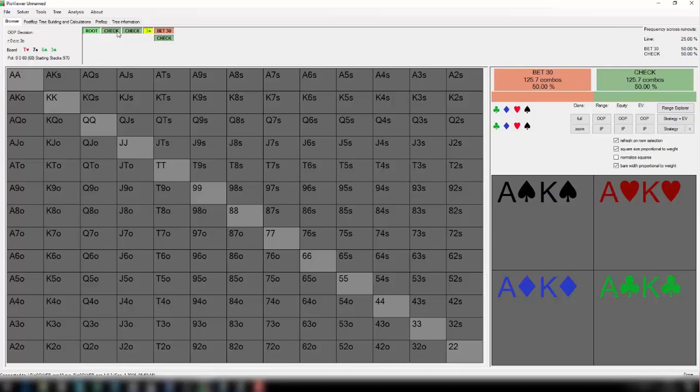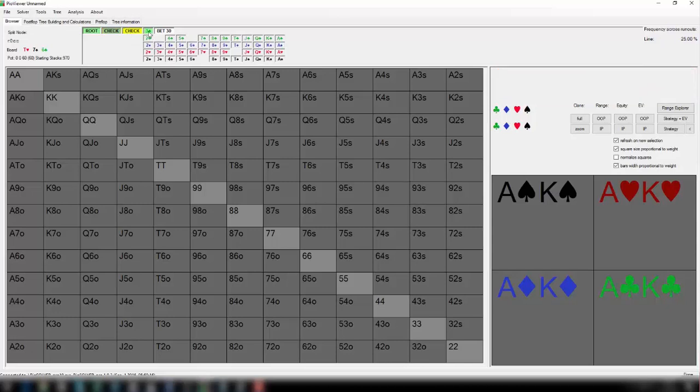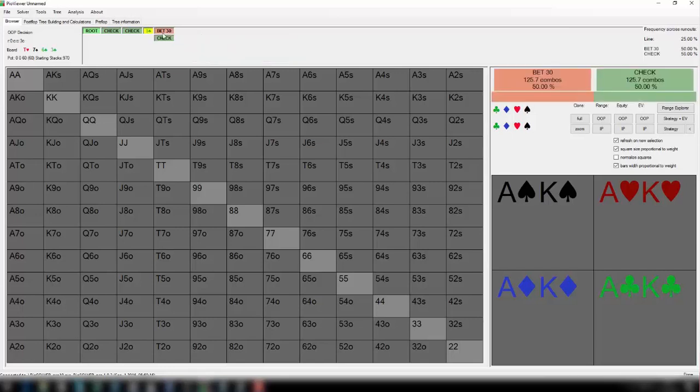Like in this line now, I want where the out of position player didn't aggress on the previous street. If in position checks back, I want out of position to bet half pot. So you can see that's half pot there, 30 into 60.